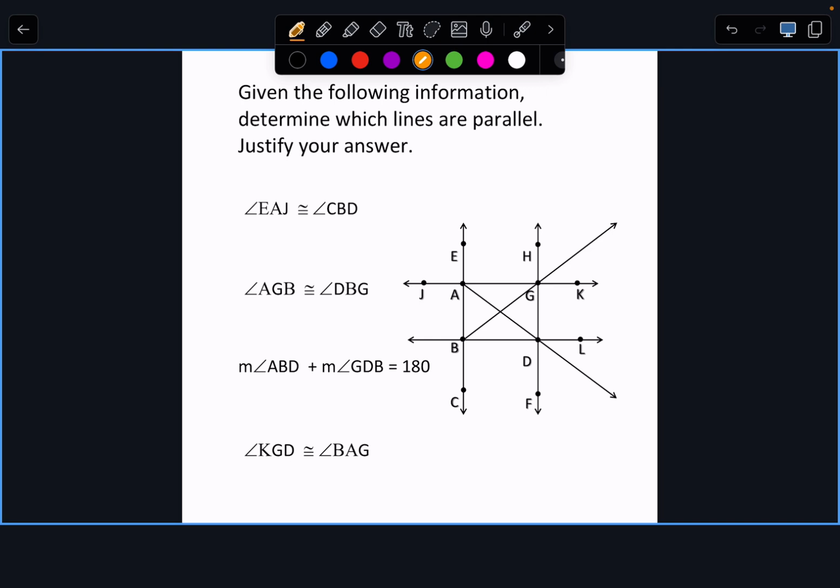Two letters that are... Oh, you're right. It says AGB. No, I'm looking at the second one. It's a triangle.